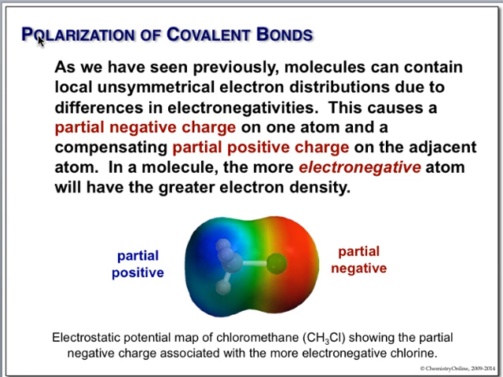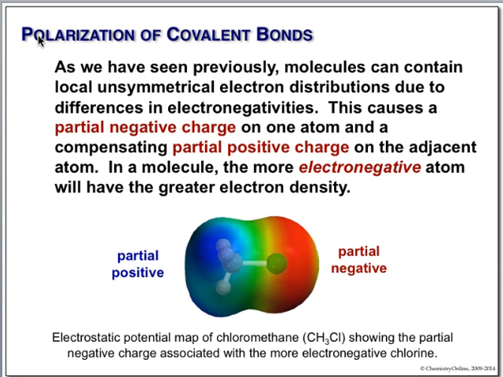Remember, in an electrostatic potential map, we use color to map effectively electron density, not exactly, but close. In bromomethane, the bromine is much more electronegative and draws the electrons away from the carbon towards itself. We wind up with the negative end of the molecule, and the carbon is positive.